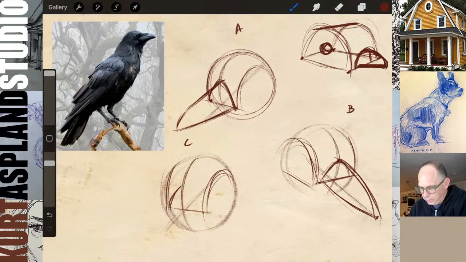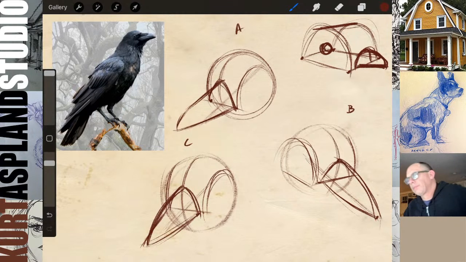And let's look at C as well here. We'll come down just like this.